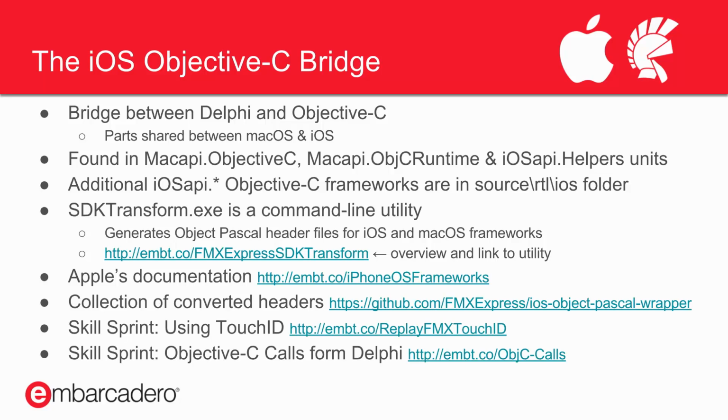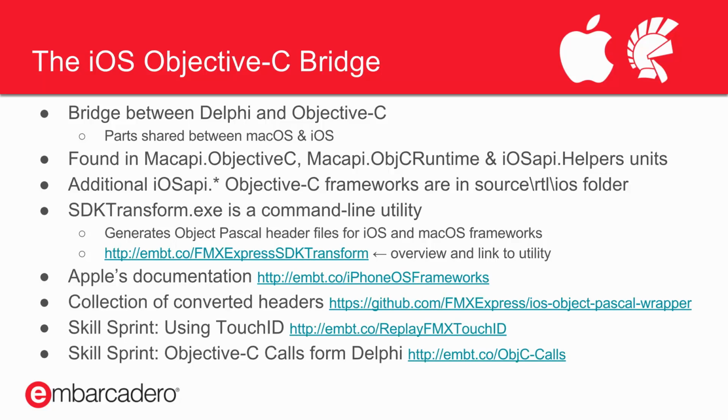So the Objective-C bridge is found in the Mac API Objective-C, but then we also have the Objective-C runtime and the iOS API helpers unit. Those three units give you access to most stuff you're going to need for interacting with other native APIs from iOS.